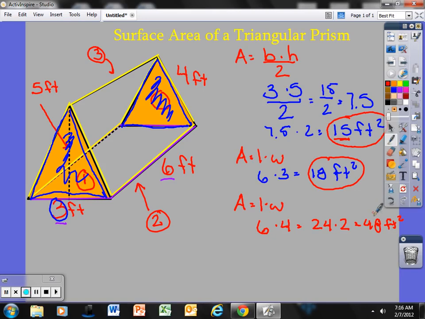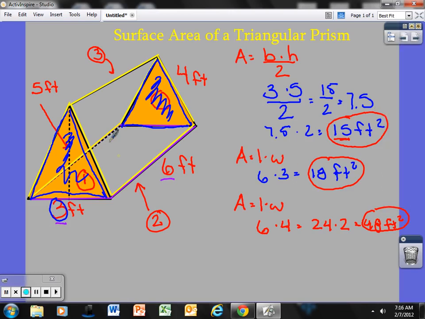I'm almost done. I now must combine all of those 5 faces. This is 2 of the faces, this is 1 of the faces, and this is 2 of the faces. So surface area is going to equal 15 plus 18 plus 48.